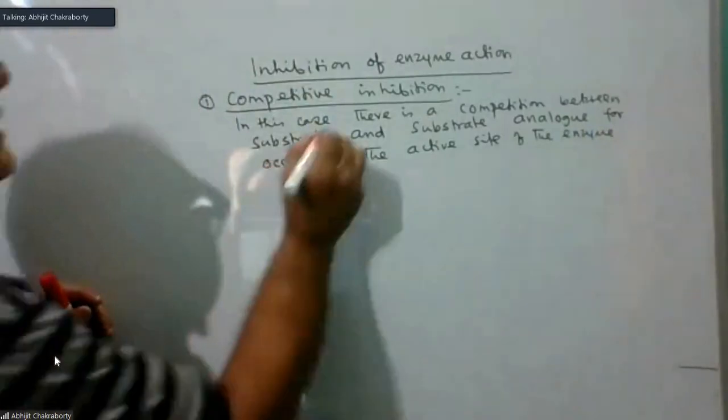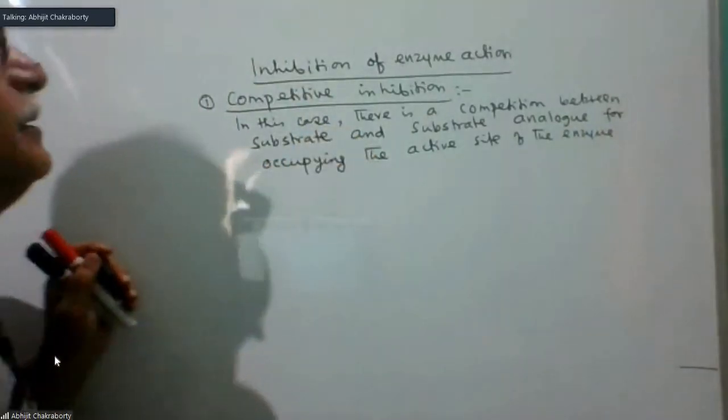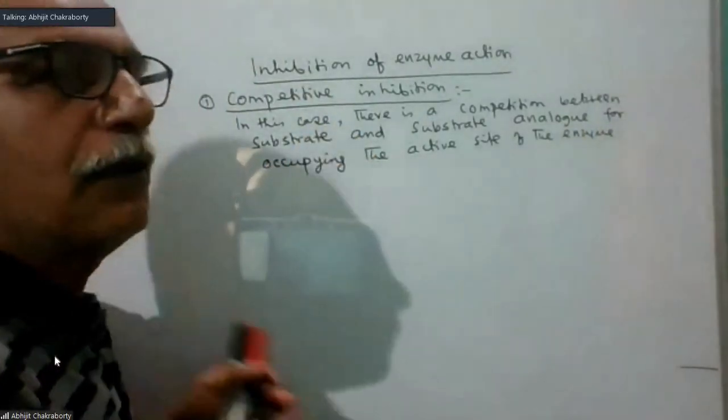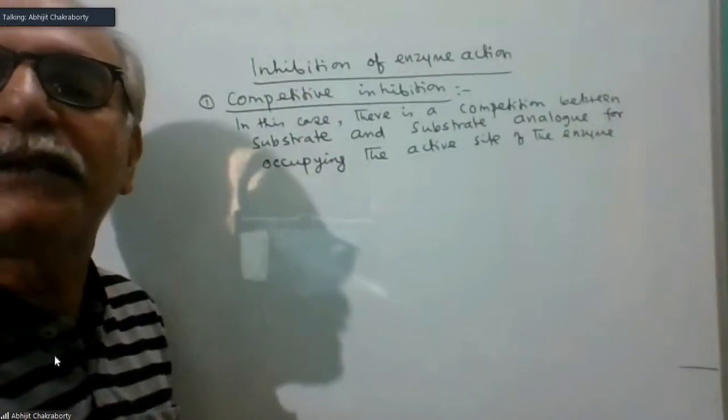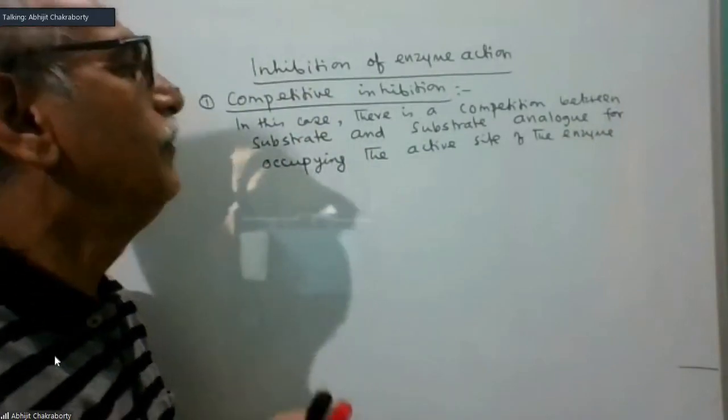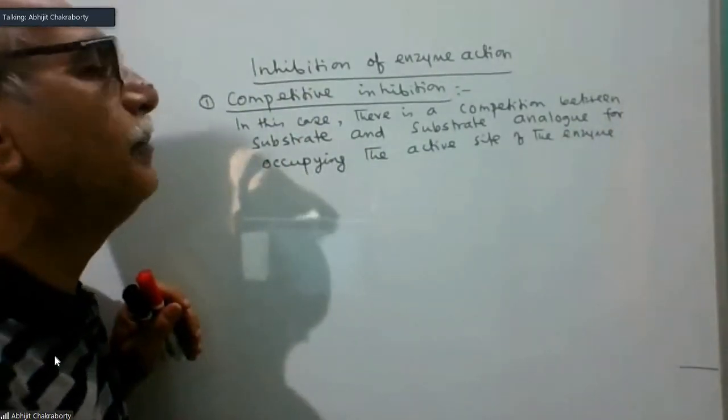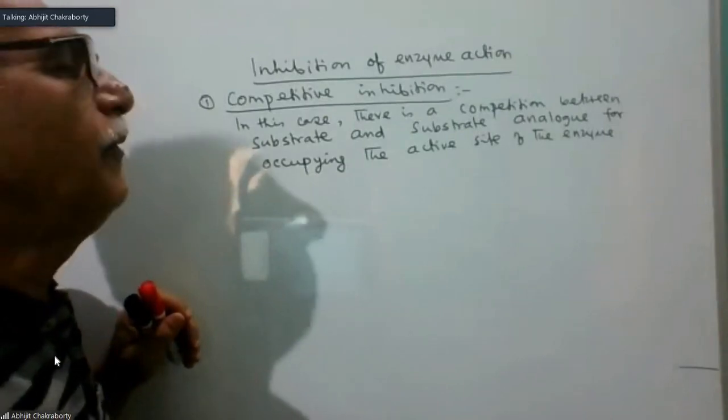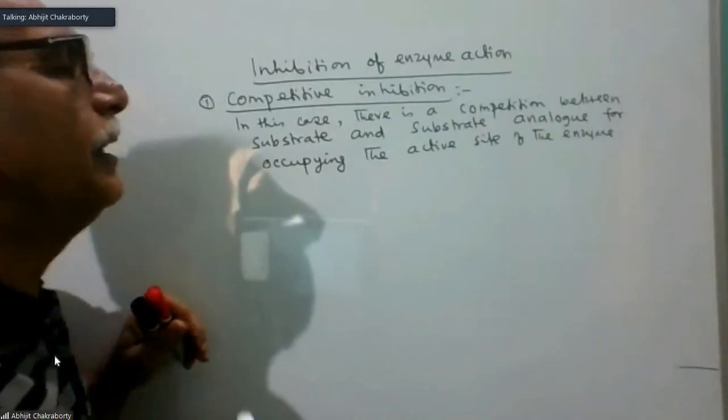In this case, there is a competition between substrate and substrate analog. Substrate analog is a compound which is similar in structure to the substrate for occupying the active site of the enzyme.